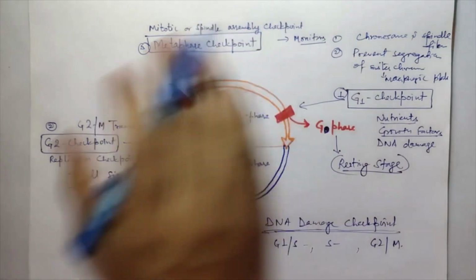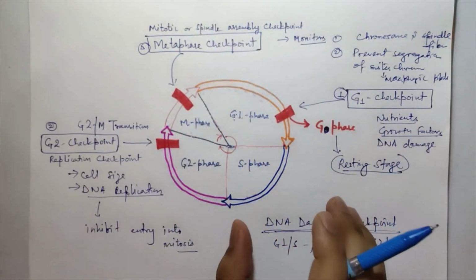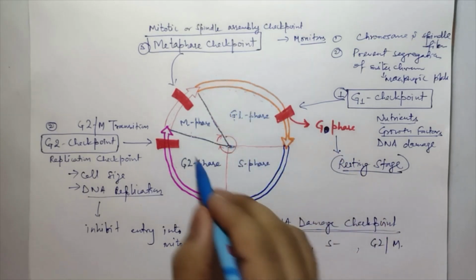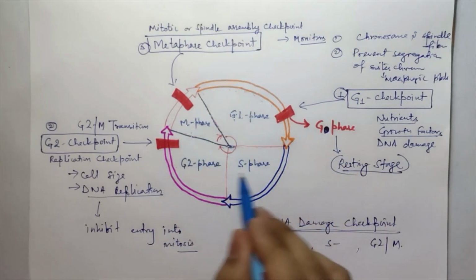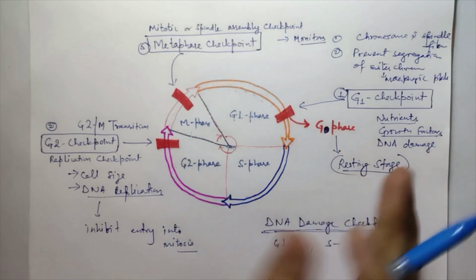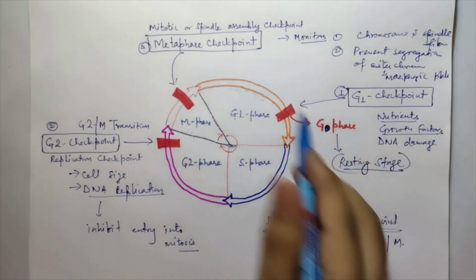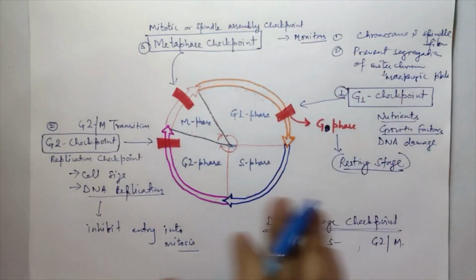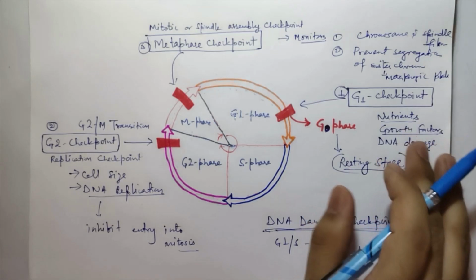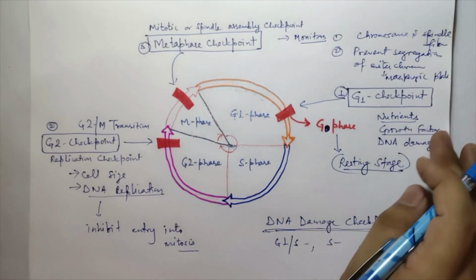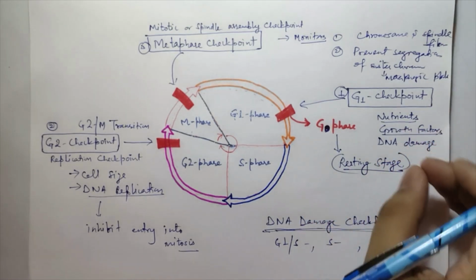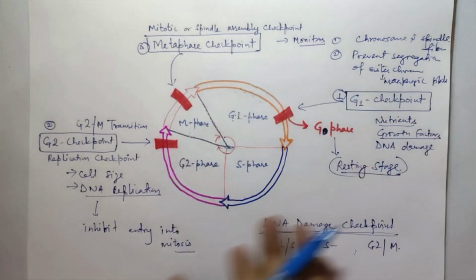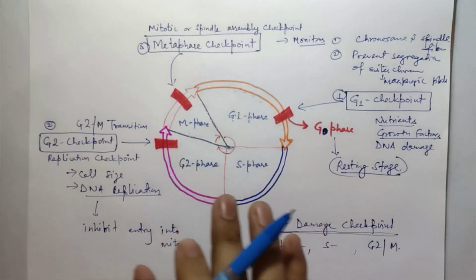From the whole discussion that we have studied in this topic, interphase is the longest phase of the cell cycle. It has G1, S and G2 phases, and at first it was said to be the resting phase of the cell cycle. But in fact there are a number of phenomena and mechanisms that include DNA synthesis, growth, nutrient assembly, and cell size maintenance, and these are all carried out in interphase.